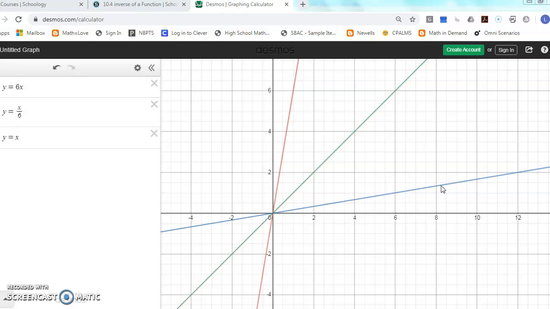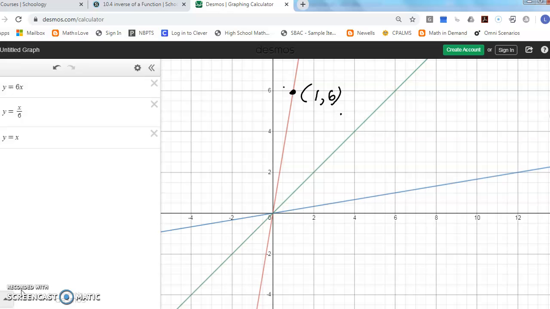Also, if you look at some ordered pairs, let's say on the red line, so one ordered pair is this point right here. So the x value for this one is 1 and the y value is 6, right?